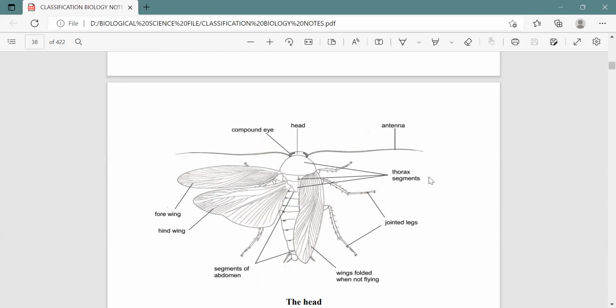Proceed to label it very well without using arrows on the label lines, and writing the correct spellings of the parts labeled.